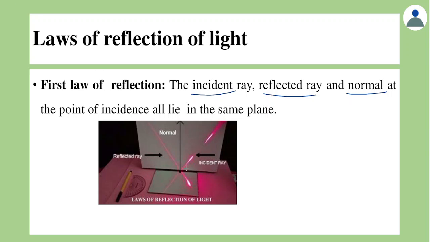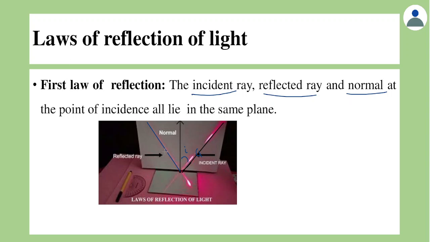Light is falling on this edge of this board. So this ray is the incident ray. After falling from here, the angle this light ray makes with the normal, this angle here, is called the angle of incidence I. After reflecting, this light ray also moves in the same plane.